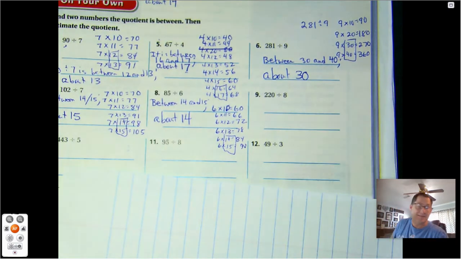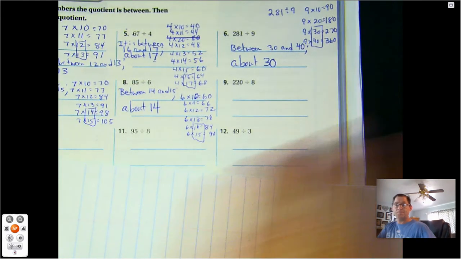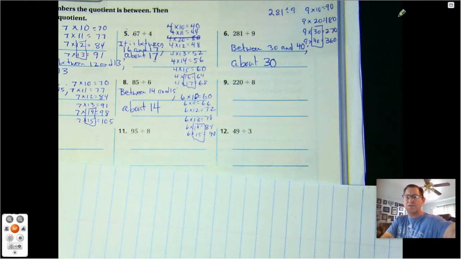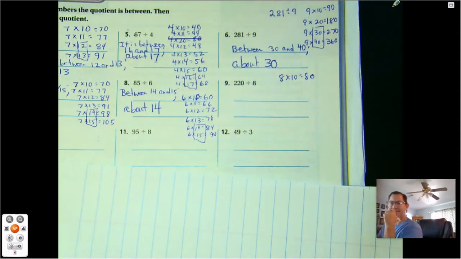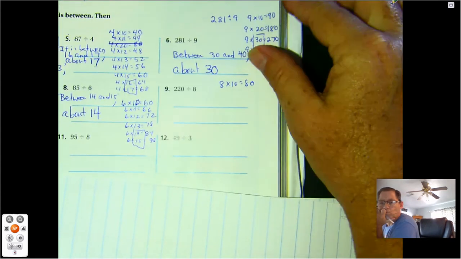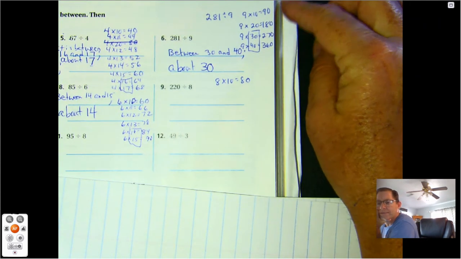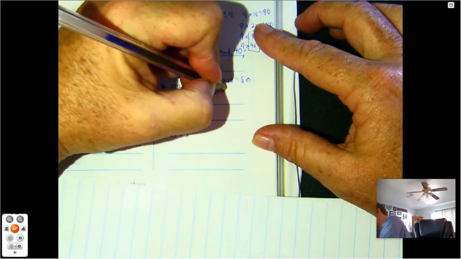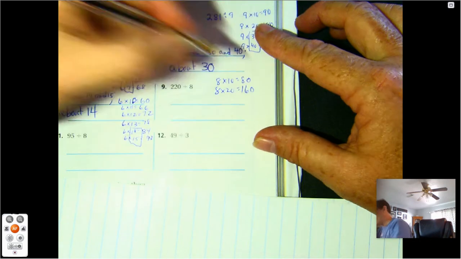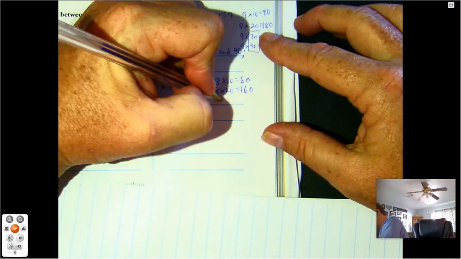Number 9, 220 divided by 8. So 8 times 10 is 80. I think I better count by multiples of 10. We're not close enough yet. So let's go 8 times 20, 160. I'm still not really close. 8 times 30, 240.